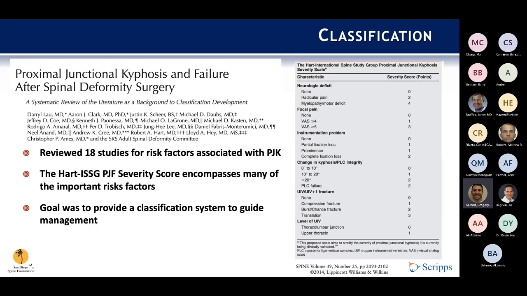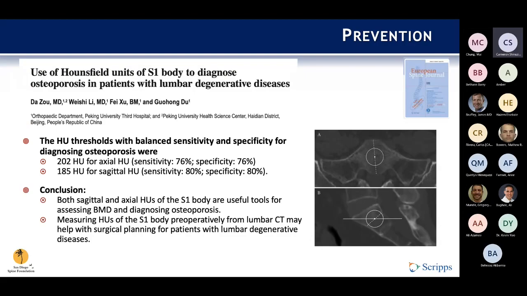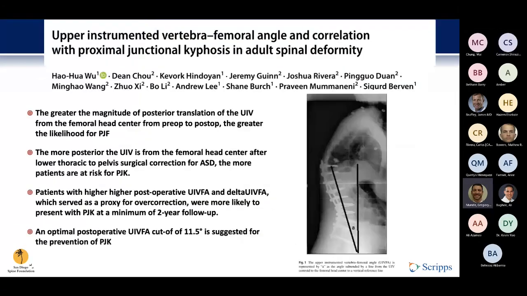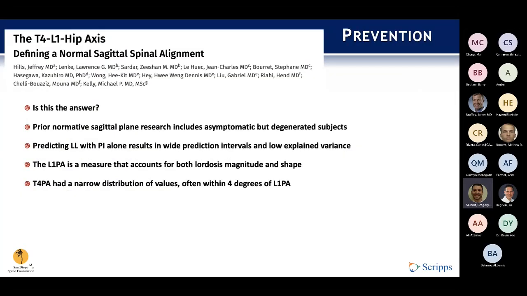I think about 2 years ago, we shifted over to this L1PA, T4PA goal, and that's a goal that we can achieve in the operating room. And so I feel like that probably is the most meaningful shift, because that means you have to shape the spine differently. You can't just throw in interbodies. You've got to be thoughtful about where you end up getting your correction.